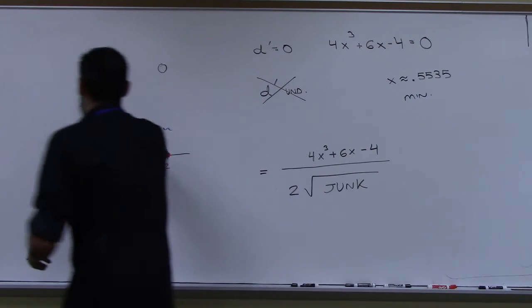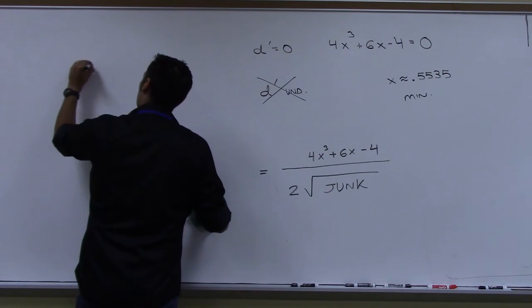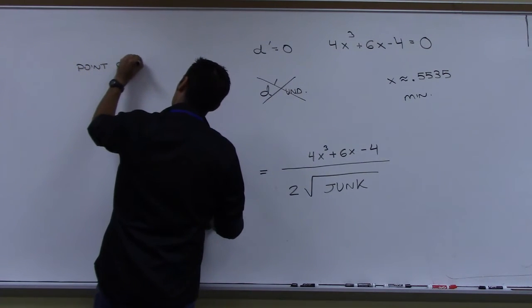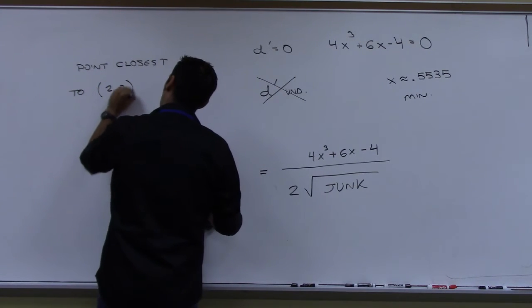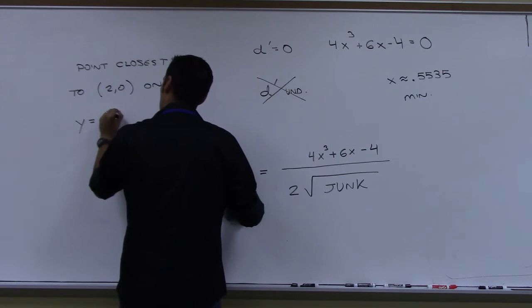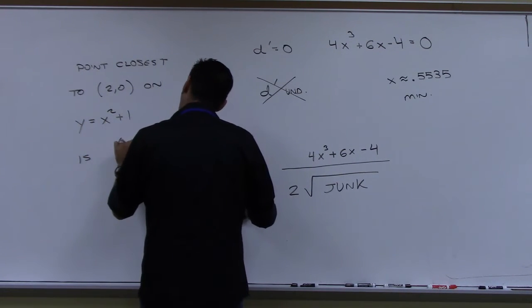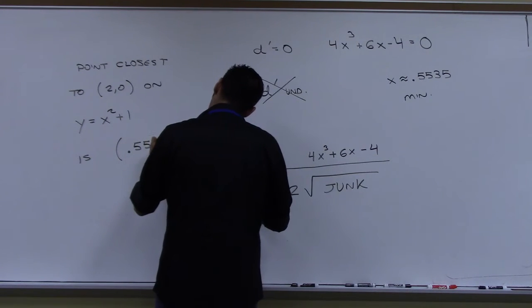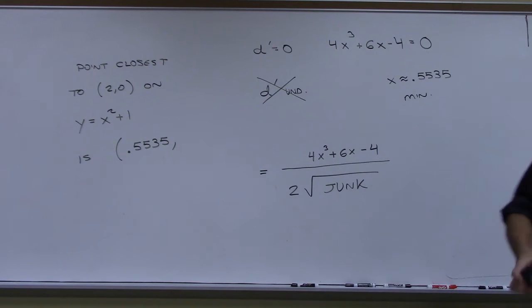And so the point closest to (2, 0) on the graph of y equals x squared plus 1 is the point (0.5535, ...). Now, square that and add 1? Plug it into the function.